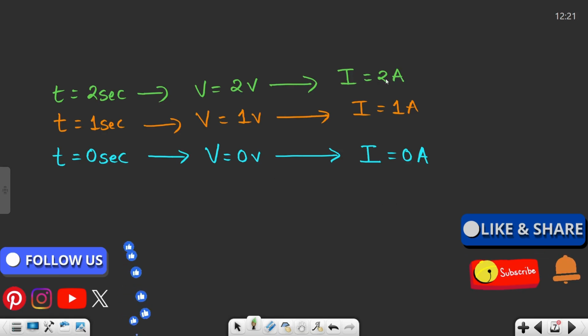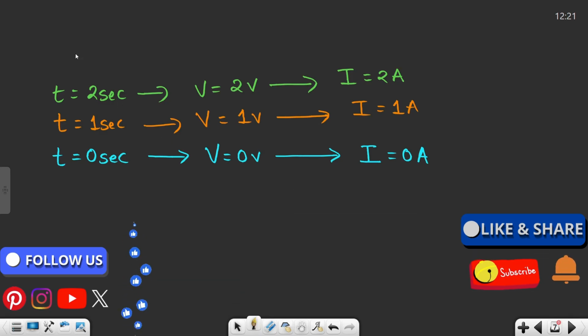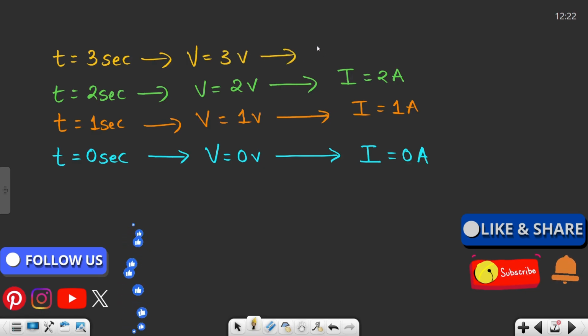It's not necessary that you will get this set of voltages and currents. I'm just taking random magnitudes because it will be easier to understand this concept. At t equals 3 seconds, voltage will be 3 volts and current 3 ampere.